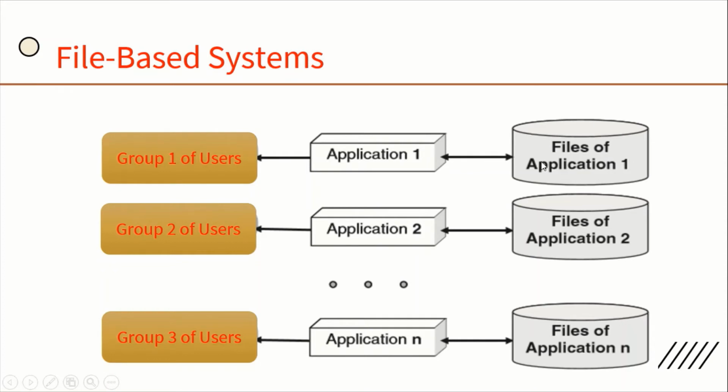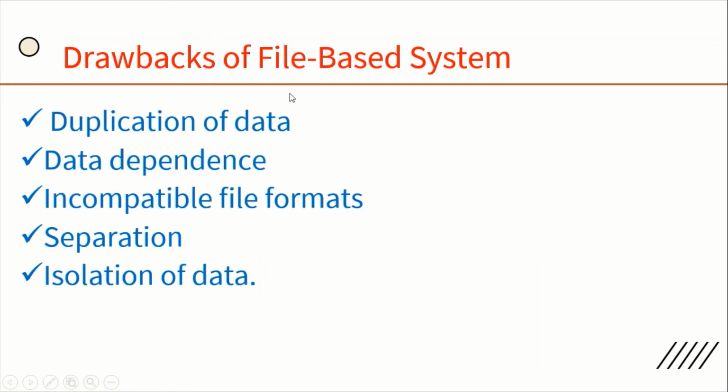Our college office has a separate C program, and office people use it. Then the library has a separate application, and library people use this. Then scholarships or fees have their own application program. These three users are different users. This is what the file-based system is.